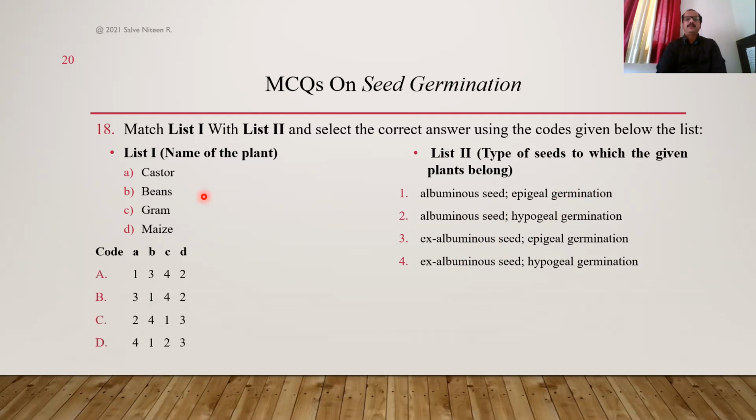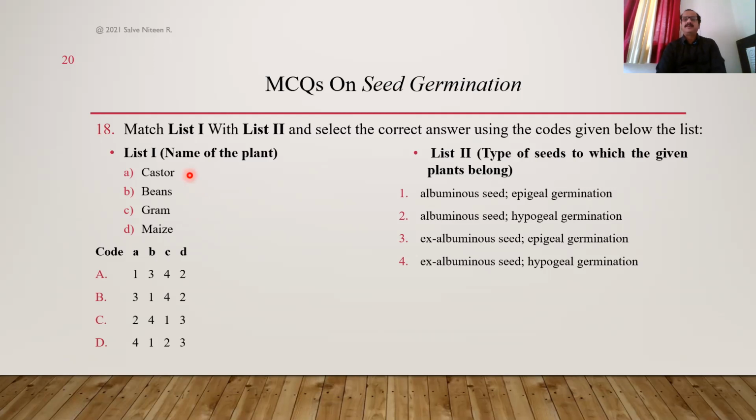You know that castor and beans are examples of epigeal or epigeous seed germination, whereas gram and maize show hypogeal, because maize is a cereal. All cereals are mostly hypogeal. Gram is hypogeal. Castor shows epigeal germination, and castor is endospermic or albuminous.